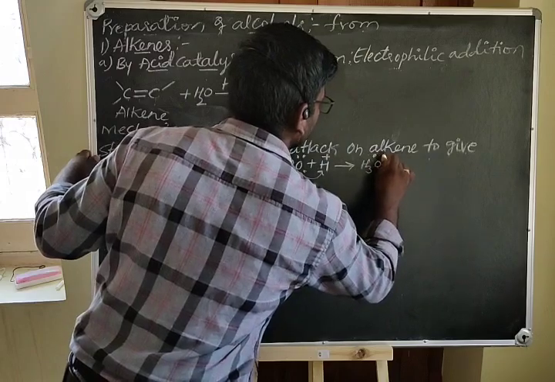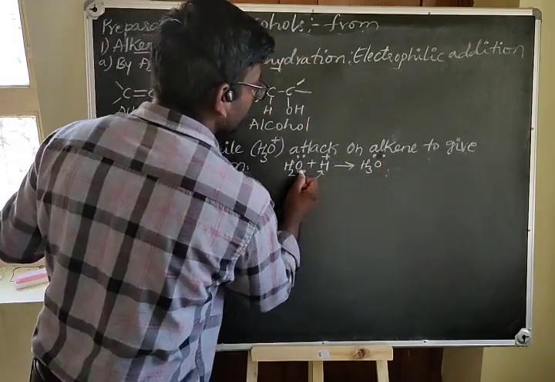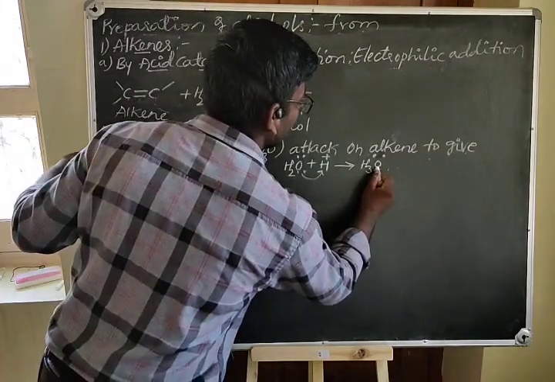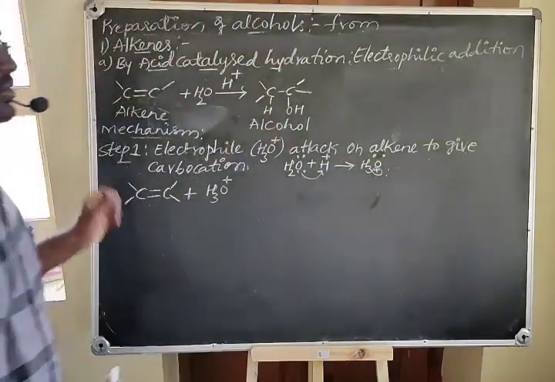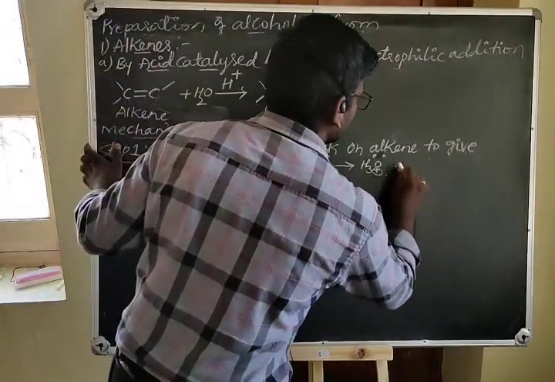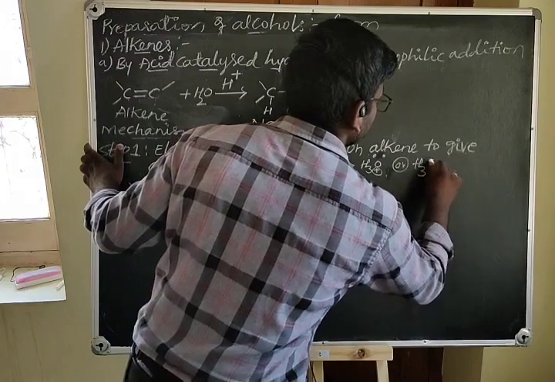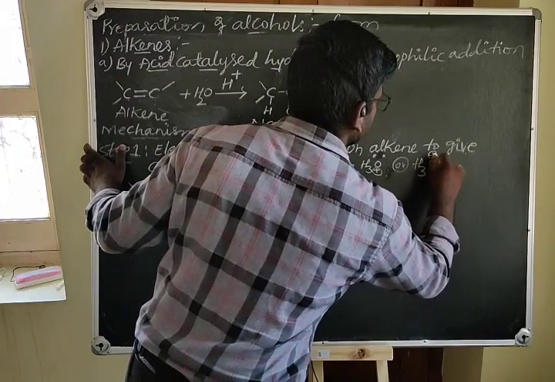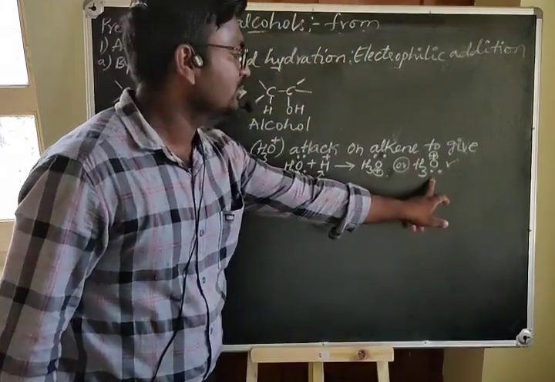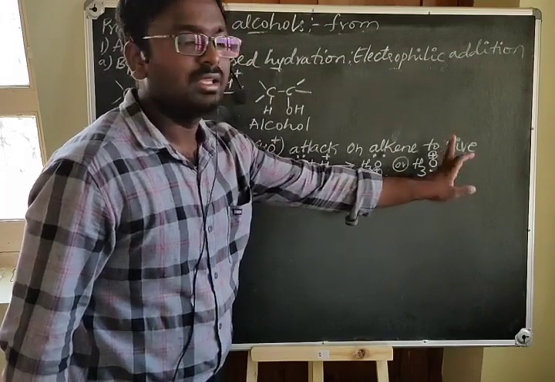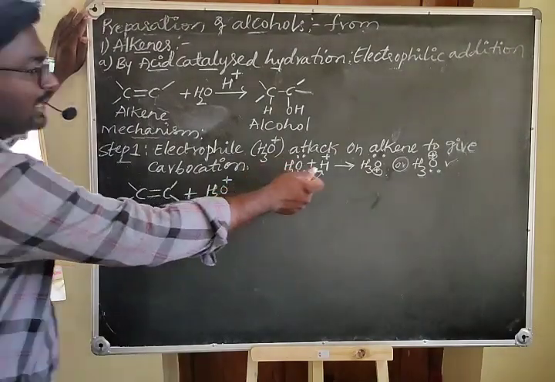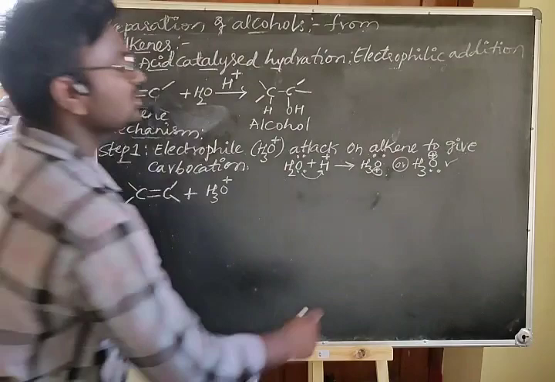Here you have the lone pair of electrons as it is, and due to the bond formation between O and H, it loses one lone pair, so it gets a positive charge. You can represent it like this, or as H3O positive charge. Usually we write the hydronium ion like this because the charges are kept on the top end as a superscript.